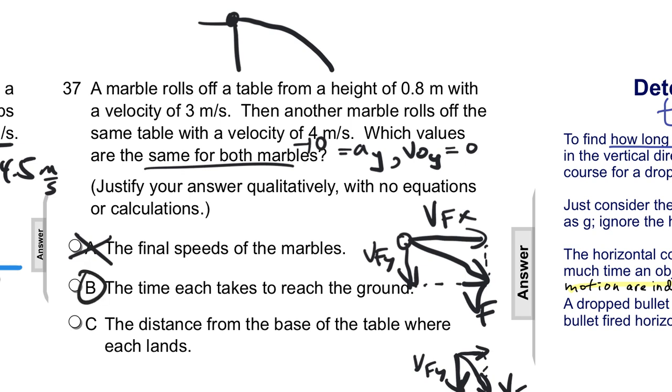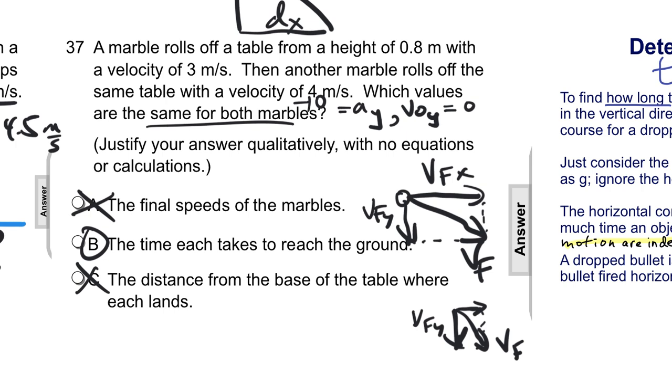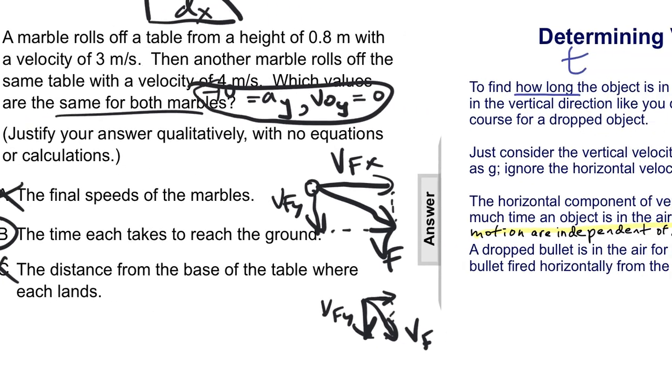No. Here's the distance from the table. I'll call that dx. The one with the bigger forward speed will have a bigger range, or dx, so it can't be that one. But other right answers are AY and VOY are the same.